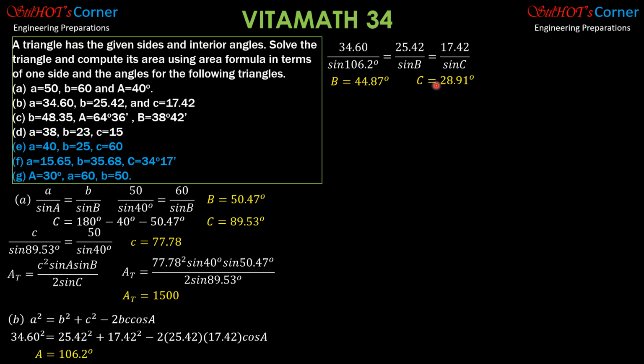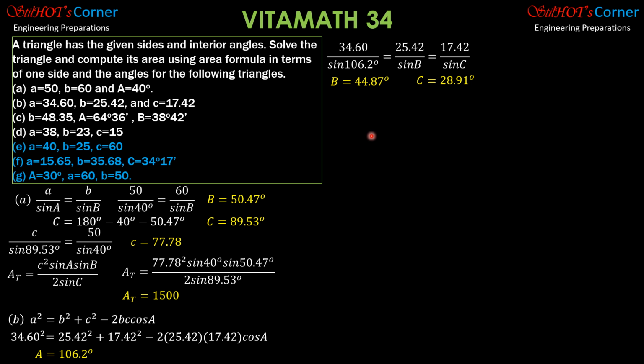So C is the smallest angle because it is opposite the shortest side. Then B is the middle angle, and it is opposite to 25.42. So that completes the solution.